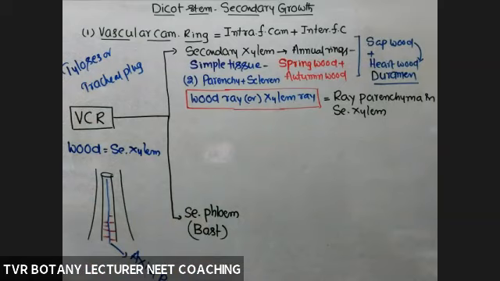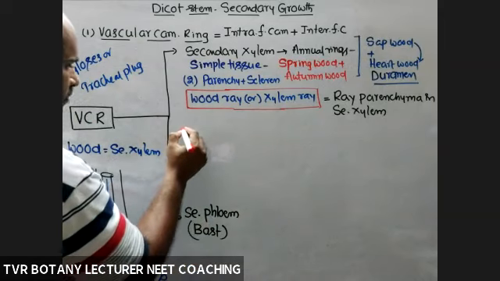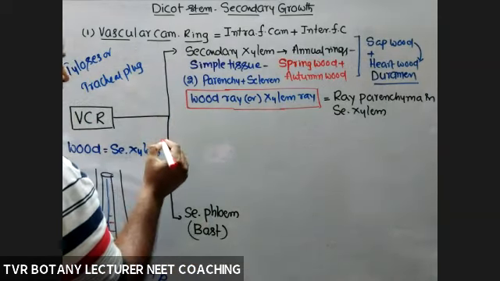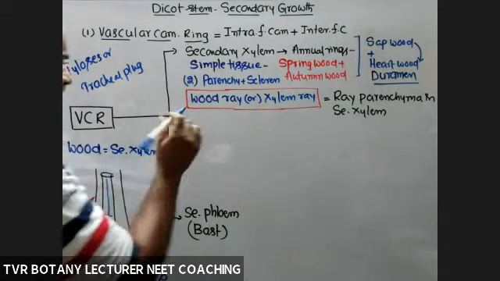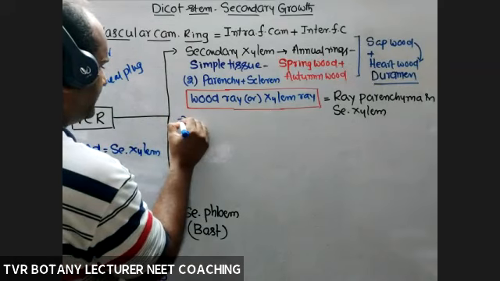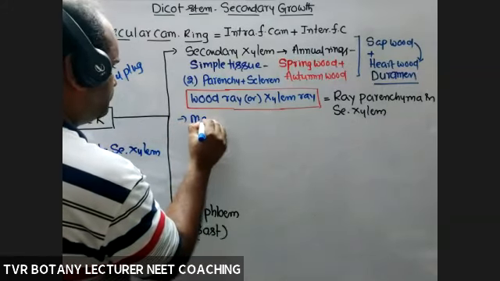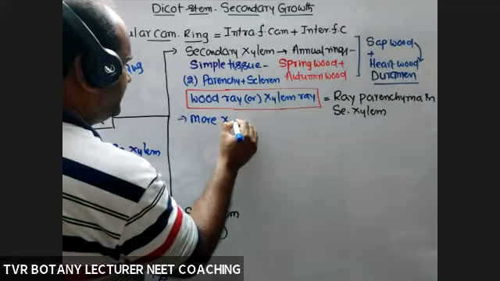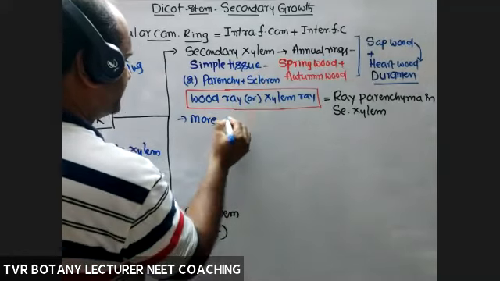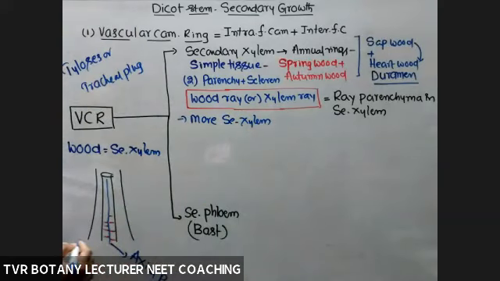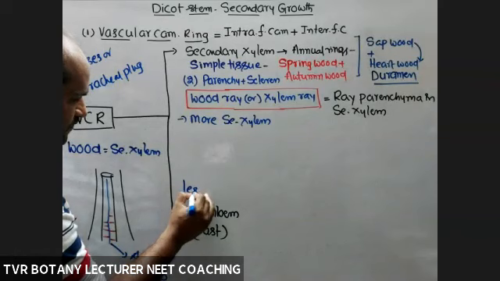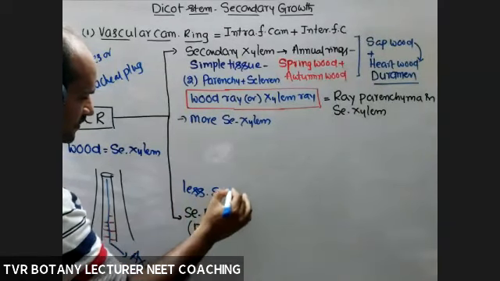Bast region. And here, a very, very important thing: why is the vascular cambium producing a lot of secondary xylem towards the inside, more than secondary phloem?